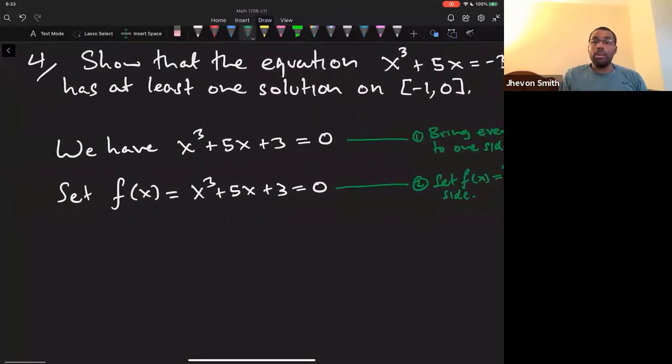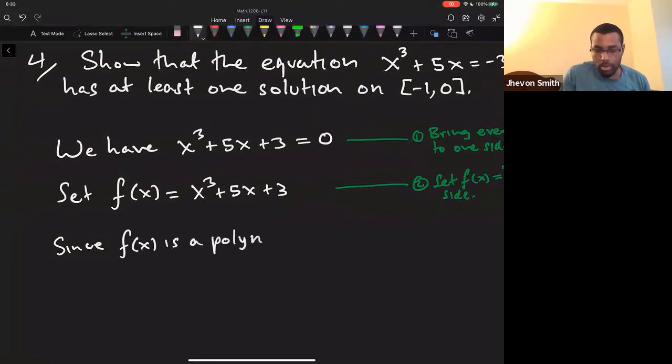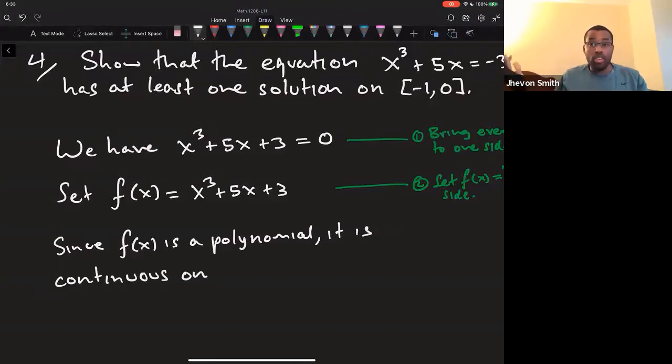Okay. Now, here's something you'll notice. That function, f, is actually a polynomial. So you can say since f of x is a polynomial, it is continuous on the entire real line.